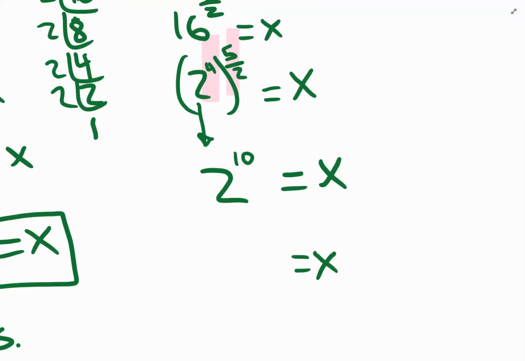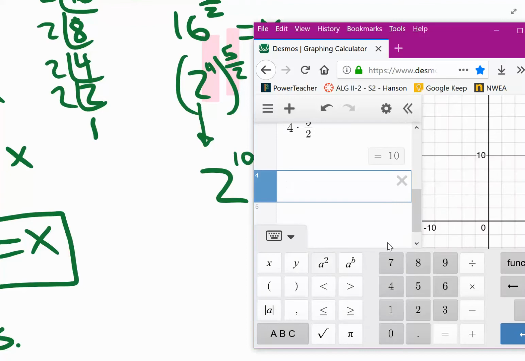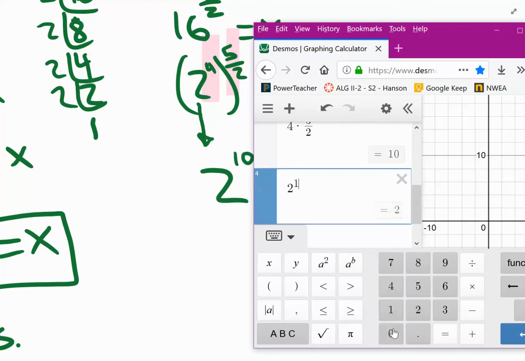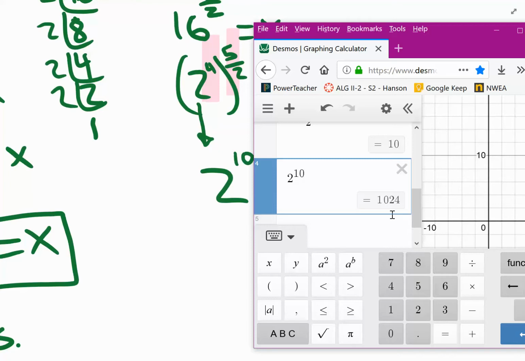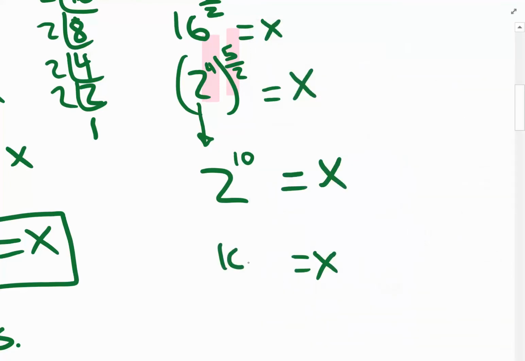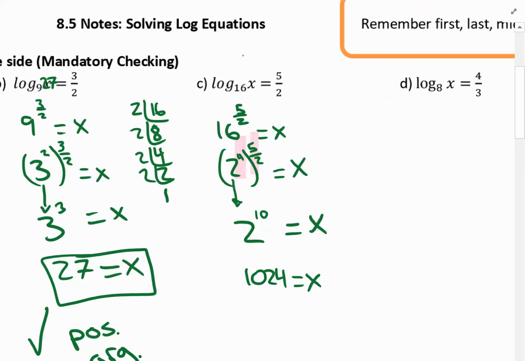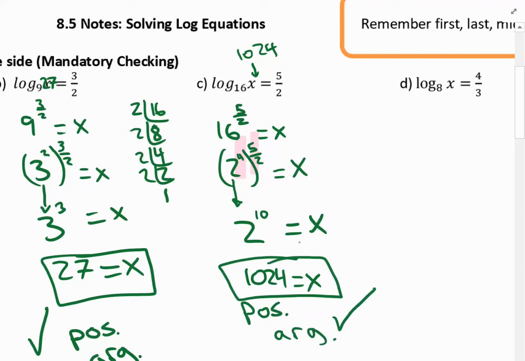Let's find it. 2 to the power 10. 1024. So let's check. If I plug in 1024, I have a positive argument. Check mark. So that works out.